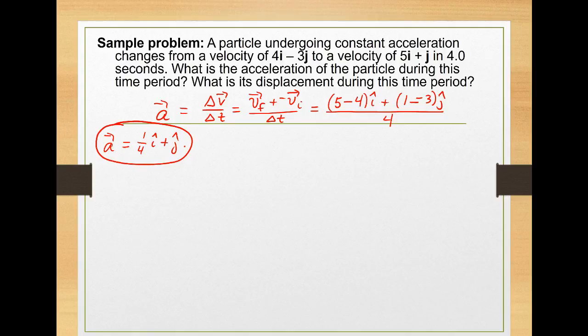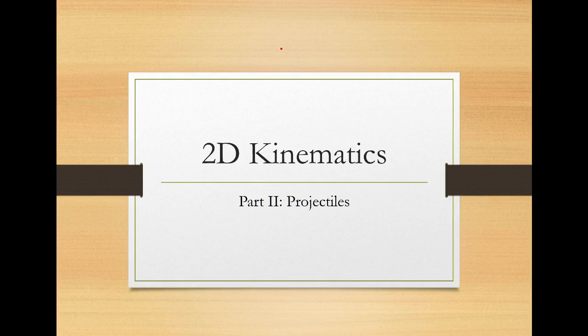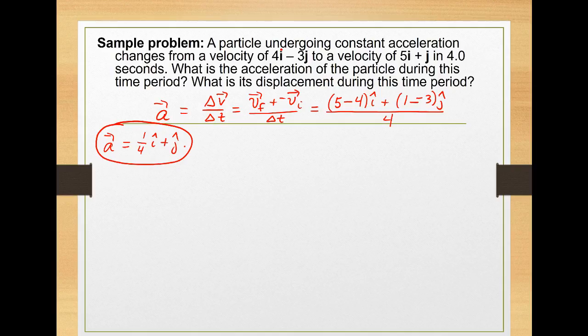This velocity right here is v0, so that's when t is equal to 0, and this is v of t equal to 4. So what we can do is work backwards and integrate the acceleration to obtain velocity. And so this is going to be ax, that's the 1/4, and that 1 in front of there is going to be ay.